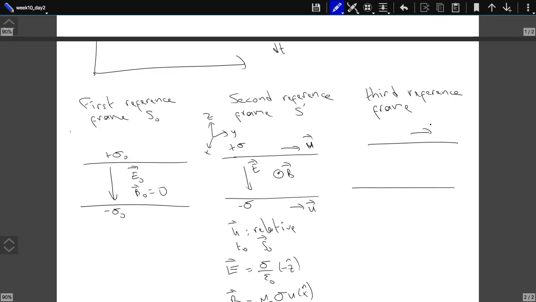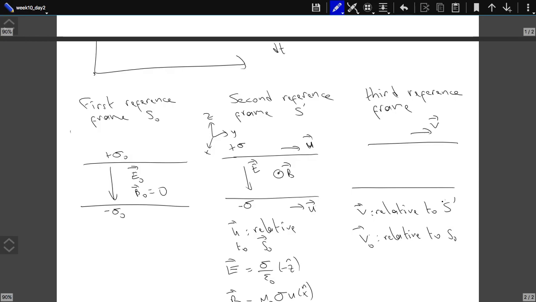Well, let me call this velocity v. V is relative to S prime, and V prime, or let me call it V0, relative to S0.